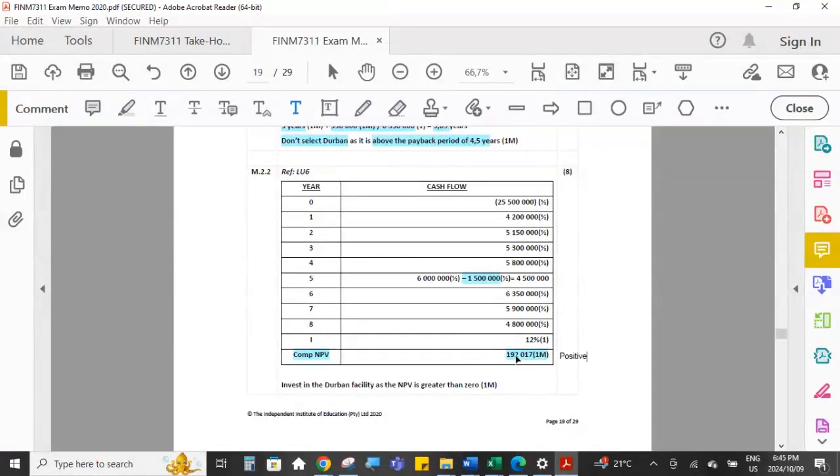It's plus 192,017. So the rule for making a decision when using the net present value method is that if the net present value is positive, then we must go ahead and accept the investment because the net present value is greater than 0.